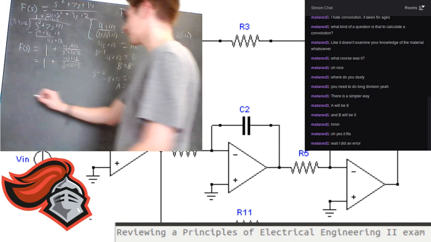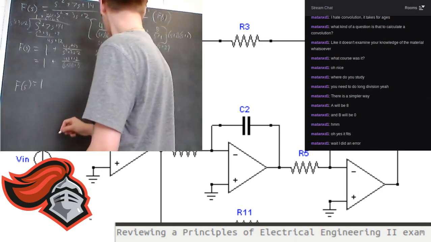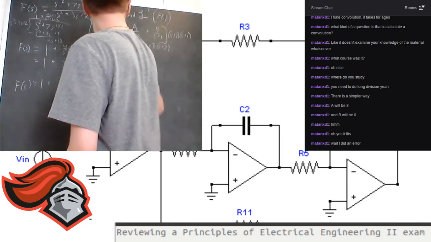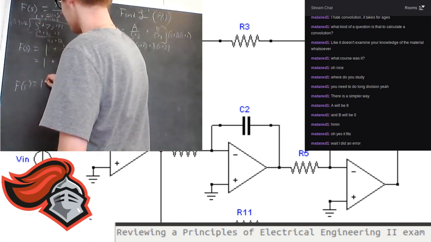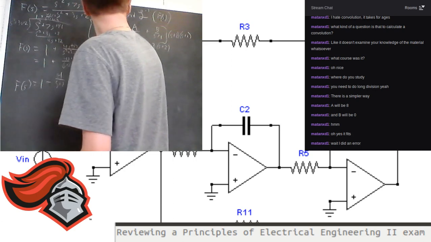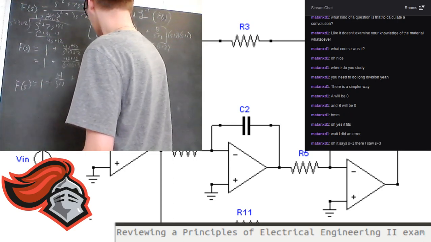So then we get that F(s) equals 1 minus 4 over s plus 2, and then plus 8 over s plus 1.